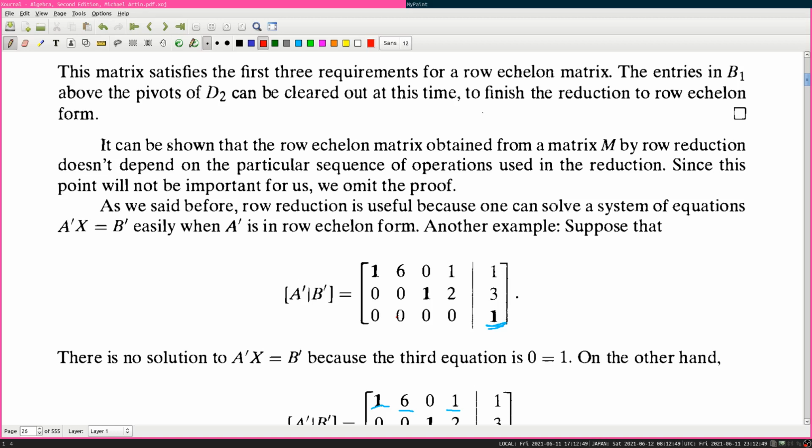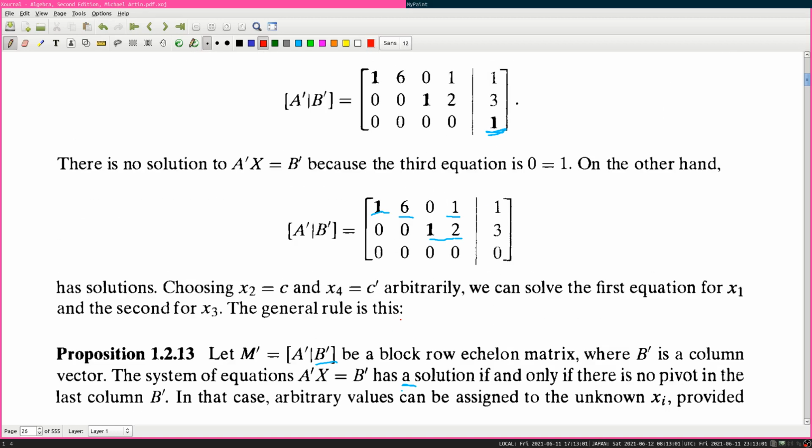Another example, suppose that A' b' equals the rows 1 6 0 1 1, 0 0 1 2 3, 0 0 0 0 1. There is no solution to A'x = b' because the third equation is 0 equals 1.